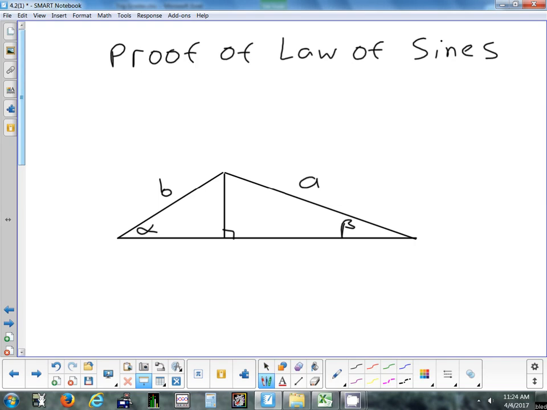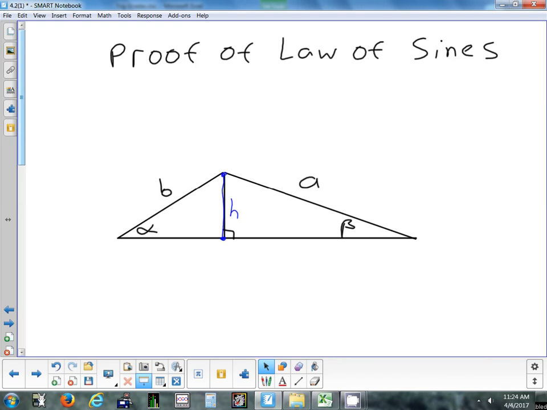This distance from here down to here, what is that? It's the height of the triangle. So I'm going to call it h. I don't want to confuse it with hypotenuse, but it's the height. What did I do here by drawing the height in?